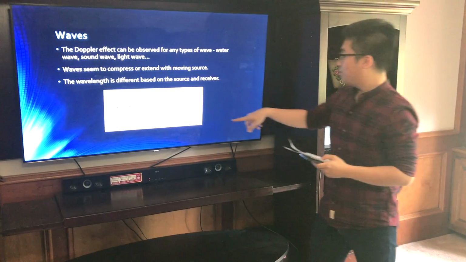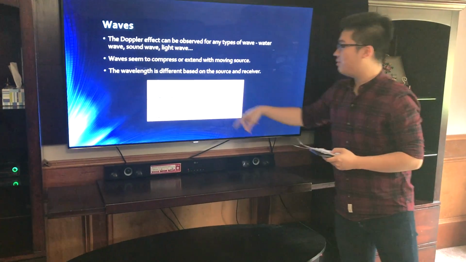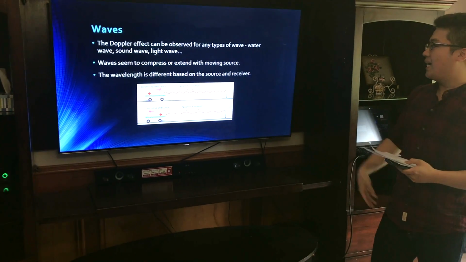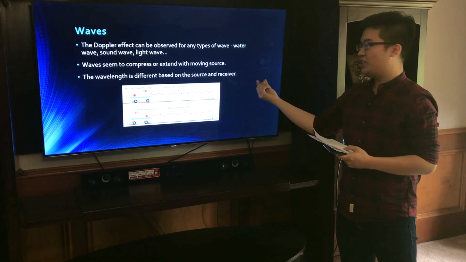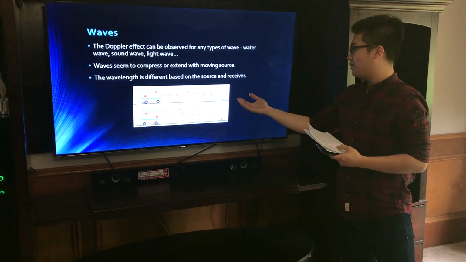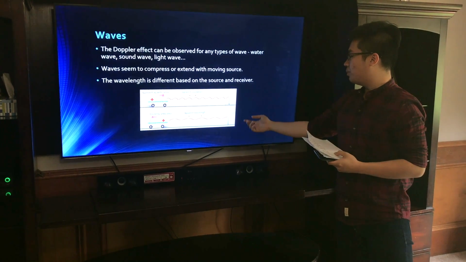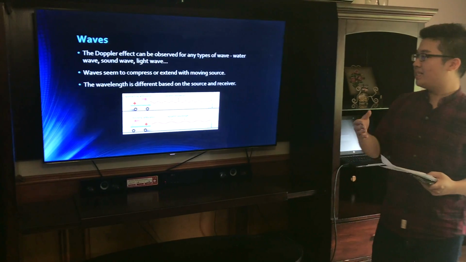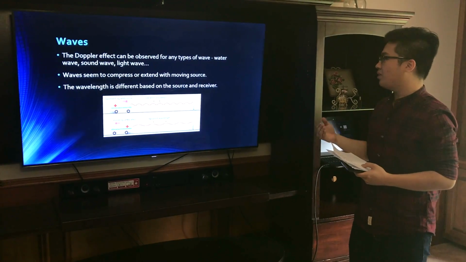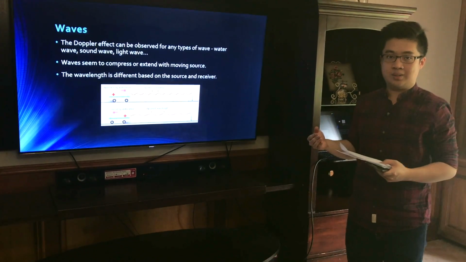And the distance between peaks is the wavelength. So as the ambulance approaches the observer, the wavelength is shorter. And as the ambulance recedes, the observed wavelength will be longer. So basically the wavelength is different based on the source and the receiver.